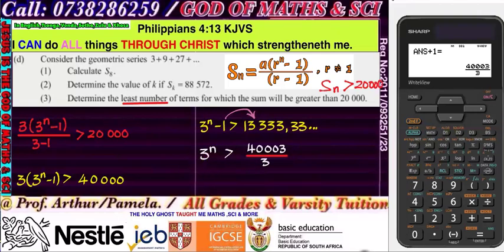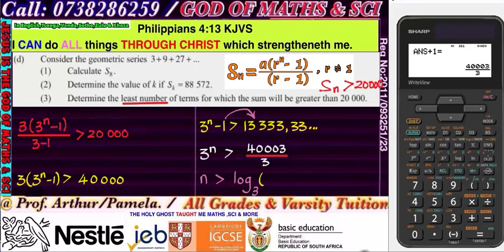So that means, remember, if you pretend that was an equal sign, you are going to do logarithm with an equal sign. But I'm going to do logarithm with that sign without changing. So that means n is greater than log, because n is the exponent. The base will be 3.